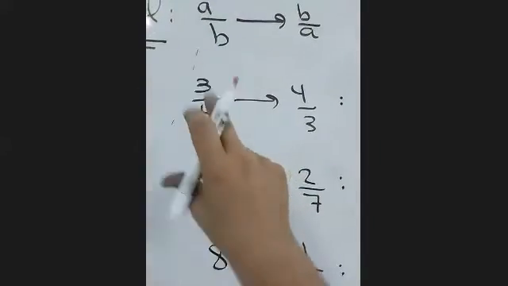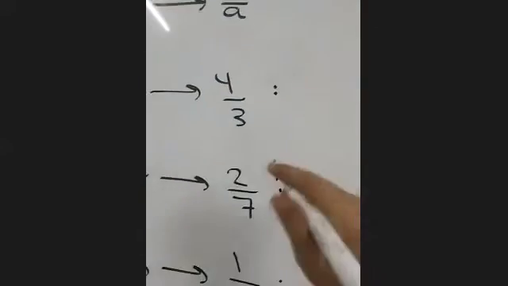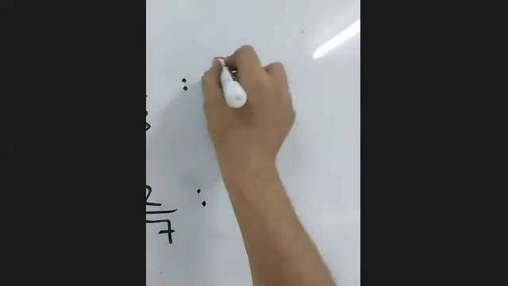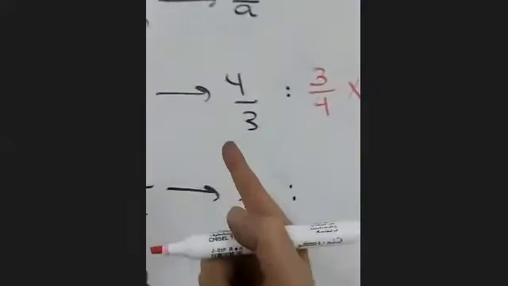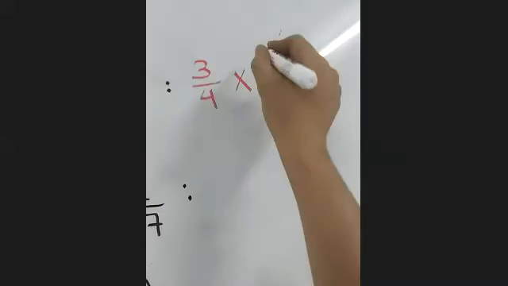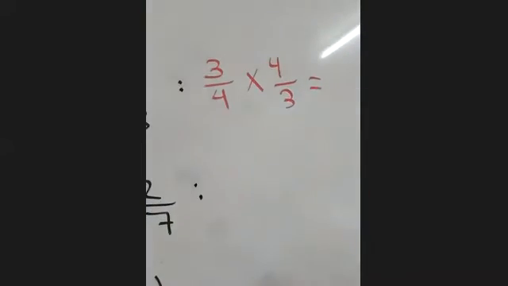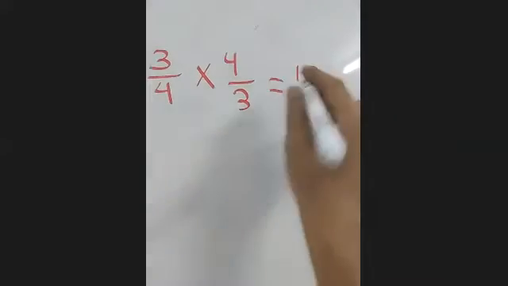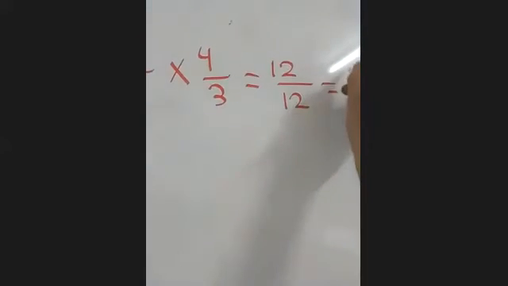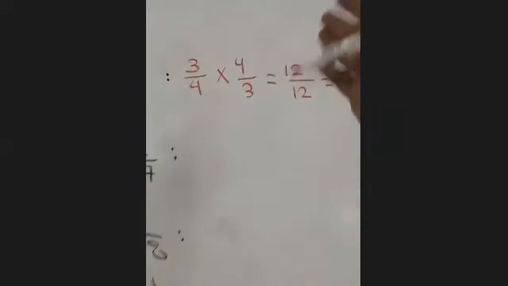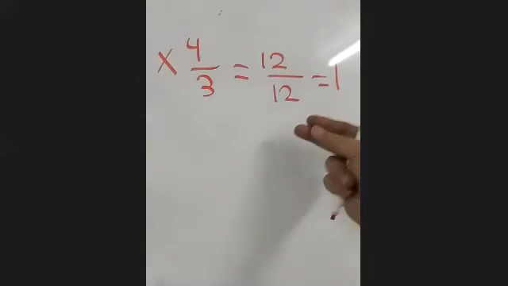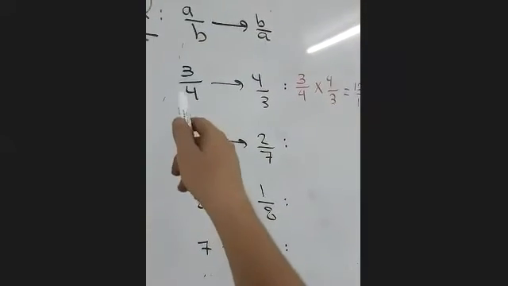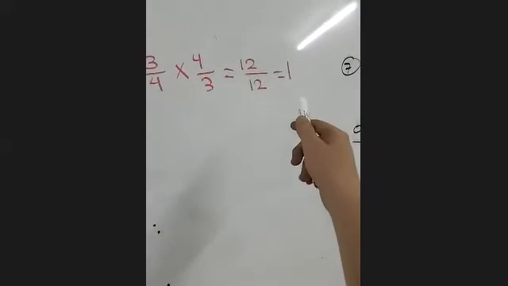I want to multiply 3 over 4 by its reciprocal, 4 over 3. In multiplication of fractions, we multiply up and multiply down. So 3 times 4 is 12, over 4 times 3, 12. 12 over 12 means 12 divided by 12, which is 1. So I multiplied 3 over 4 by its reciprocal, and the answer is 1.